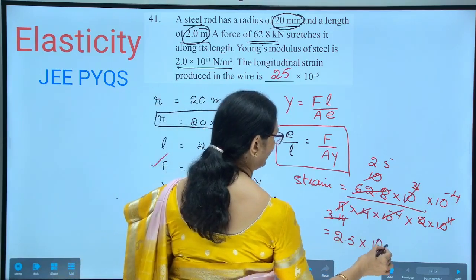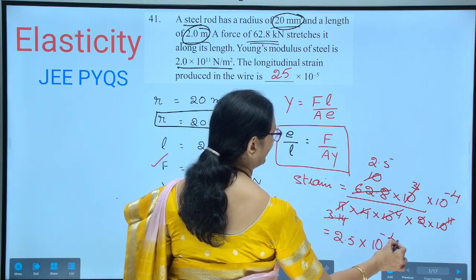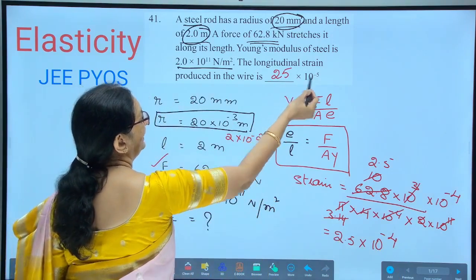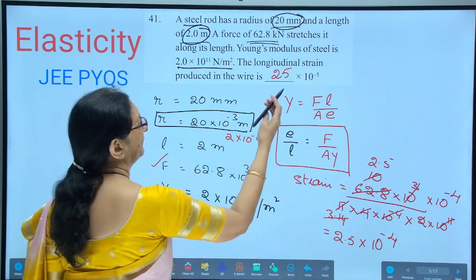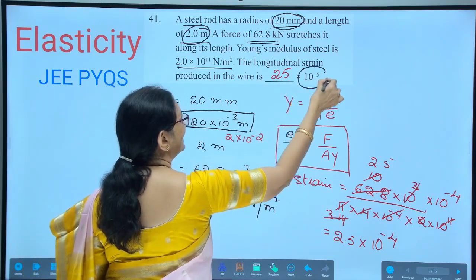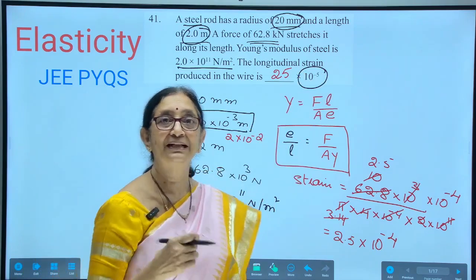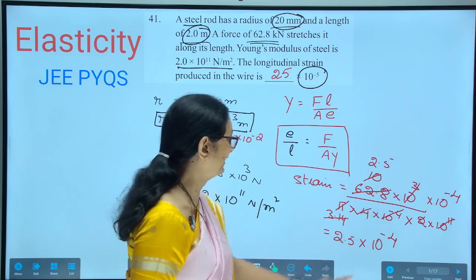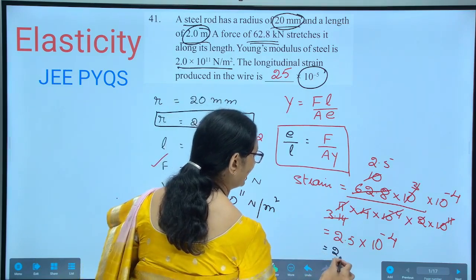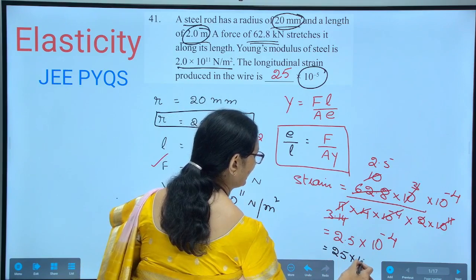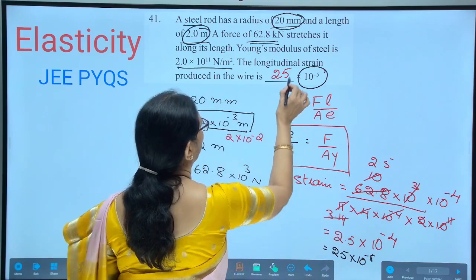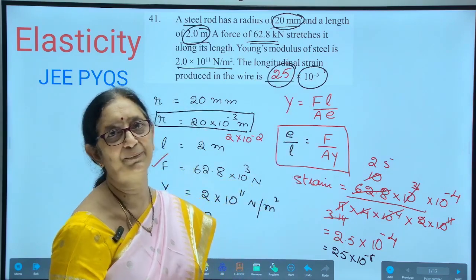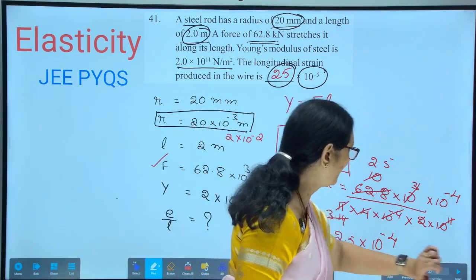So, 2.5 into 10 to the power of minus 4 or 25 into 10 to the power of minus 5, because the answer is expressed in terms of 10 power minus 5. So, this becomes 25 into 10 to the power of minus 5. So, the numerical value for that is 25. That is the correct answer for that problem. Move on to the next problem.